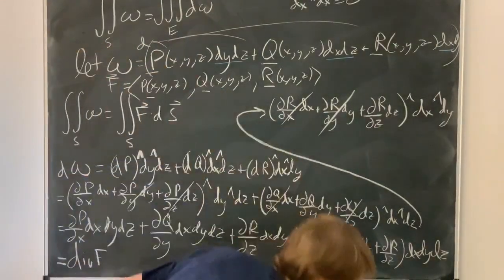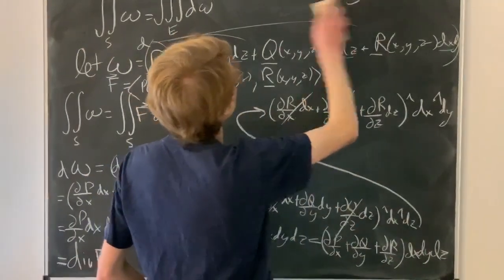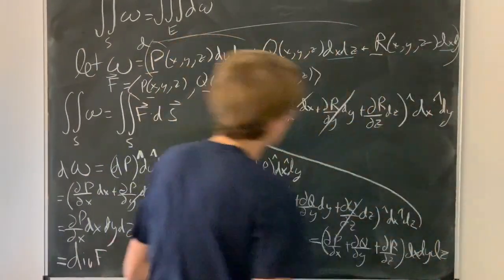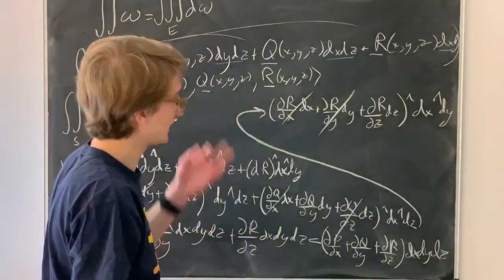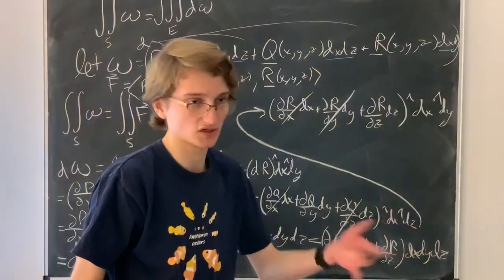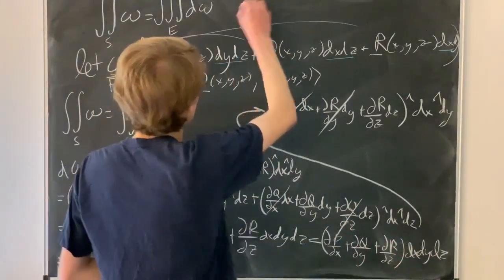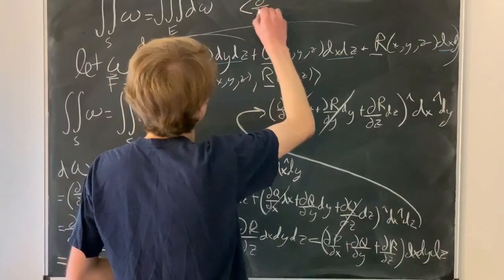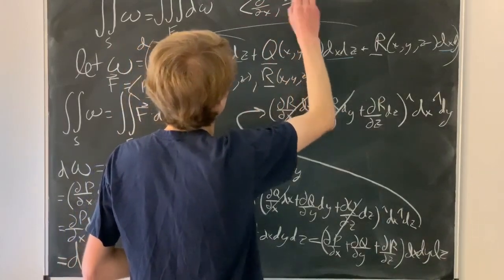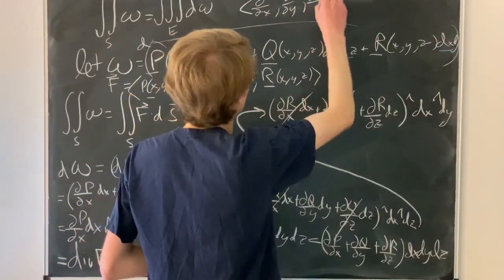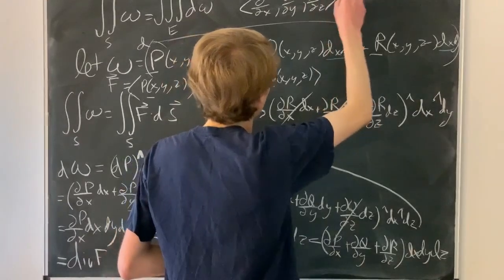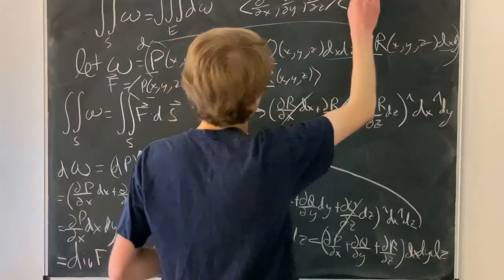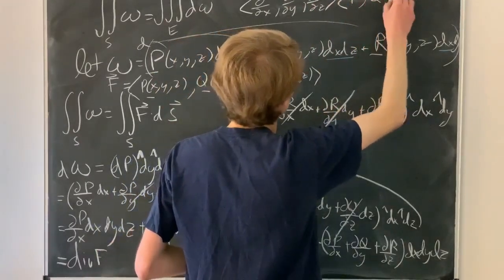And if you're curious what the divergence means, I said it's really the dot product between the gradient vector, pseudo vector, and f. So what that looks like, if you're interested, is just going to be del x, del y, del z, and multiply not just p, q, r.